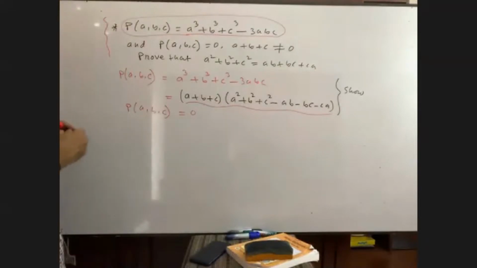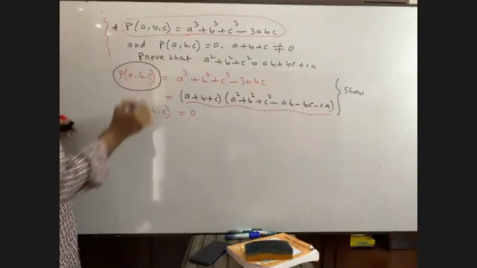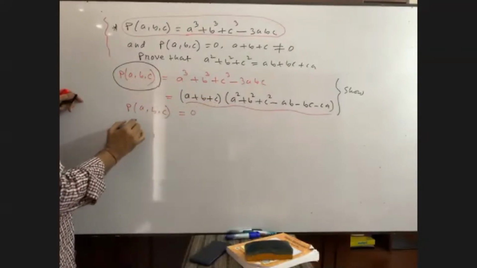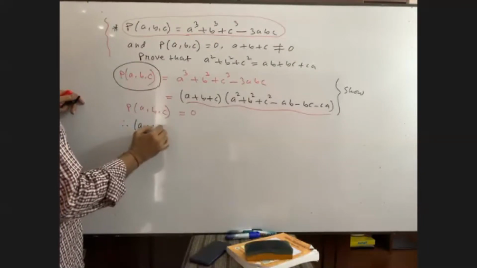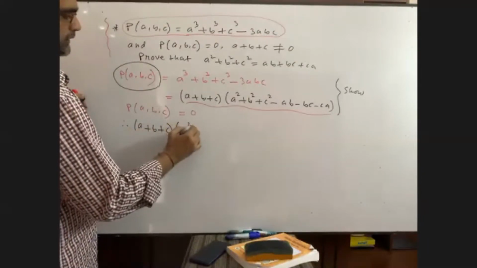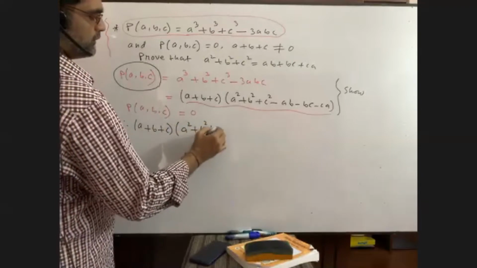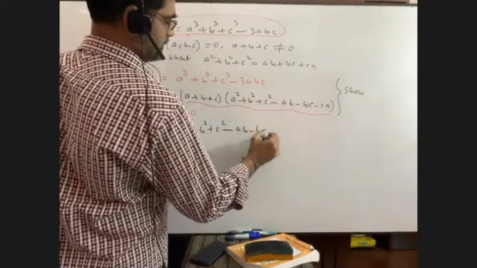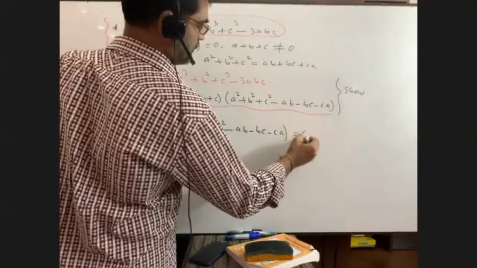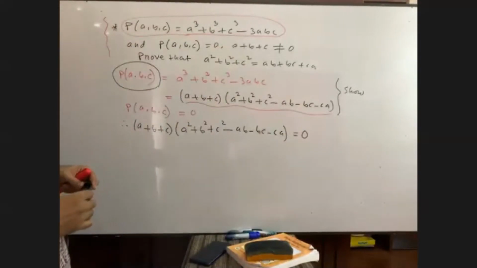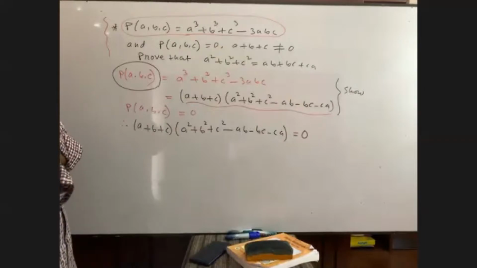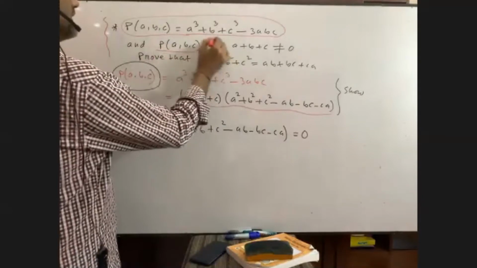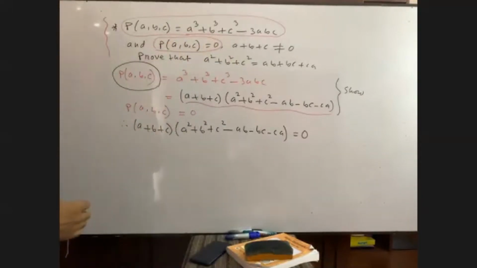If it is 0 and its value is this, we can write A plus B plus C into A square plus B square plus C square minus AB minus BC minus CA equals 0. Now let me know where you have not got it. Why is the value of P of A, B, C 0? It is given in the question. Oh, sorry, sir, I didn't notice that. Not a matter.